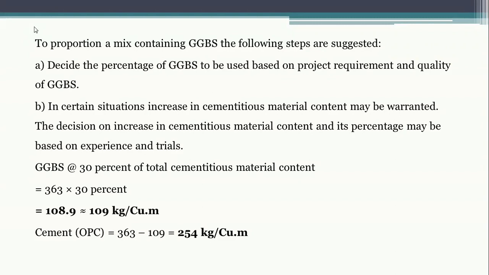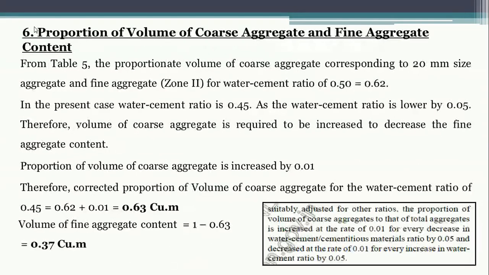That means we saved 2 bags cost of the cement, by using a waste product like GGBS. That is the advantage of using these mineral admixtures. You can reduce the cost, you can make more economical concrete, as well as you can improve the other properties of concrete also by using these mineral admixtures. So I hope you understood this part.